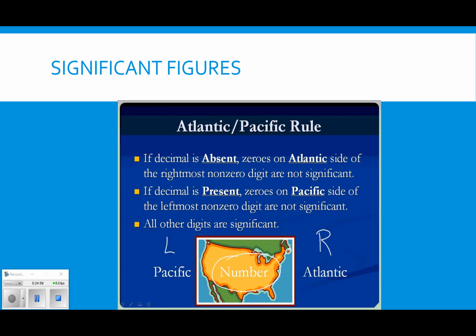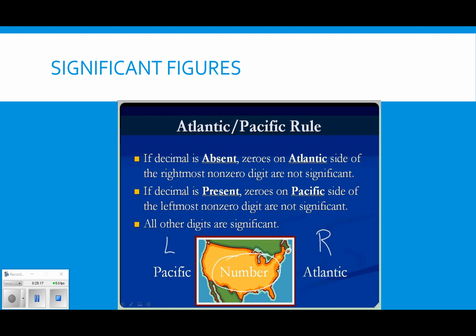I'm going to give you guys two rules for significant figures, and this tends to be a little bit of a challenge for new chemistry students. This rule is traditionally taught by a lot of teachers as the Atlantic-Pacific rule.